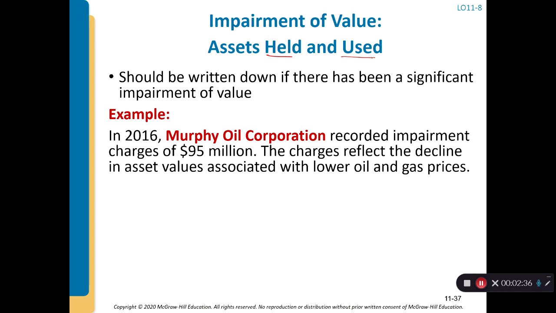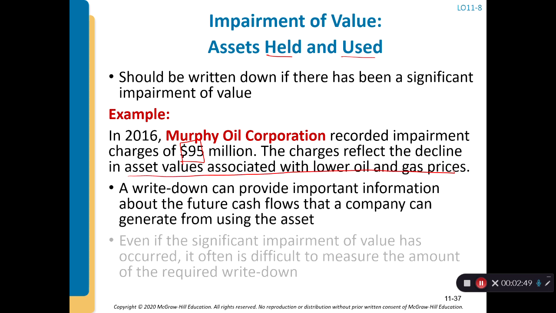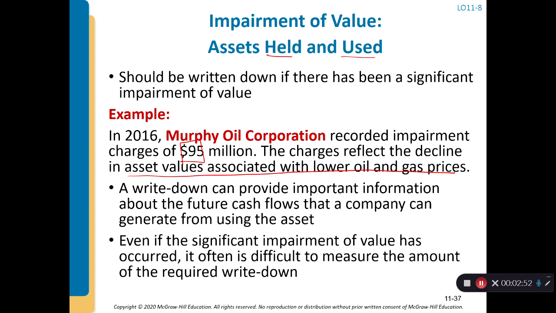For example, in 2016, Murphy Oil Corporation recorded an impairment charge of $95 million. The charge reflects the declining asset value associated with the lower oil and gas prices. A write-down can provide important information to the investor about the future cash flow that the company can generate from using its own assets.